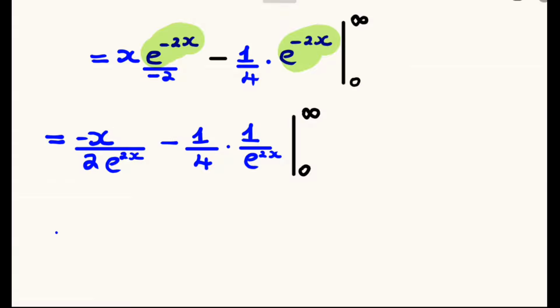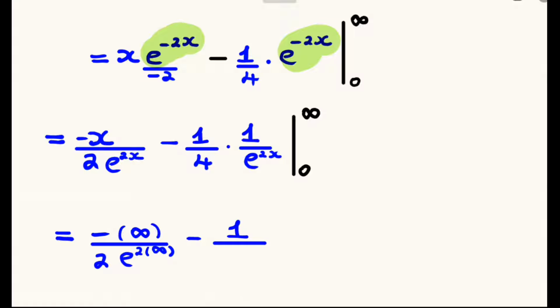We substitute, and we are going to substitute the infinity and then interpret the results. So we have negative infinity in the place of the x, divided by 2 multiplied by e raised to the power 2 multiplied by infinity, minus 1 divided by 4 multiplied by e raised to the power 2 multiplied by infinity.